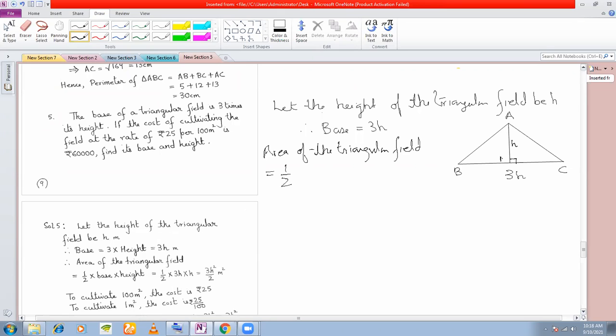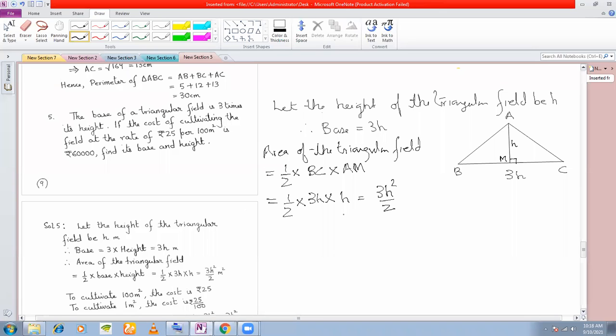Let us call this point M. Half into base, which is BC, and height, which is AM. Always get into the practice of writing this, okay? Half into BC into AM. So BC is 3h and AM is h. So you're getting 3h square by 2, the area of this triangular field.